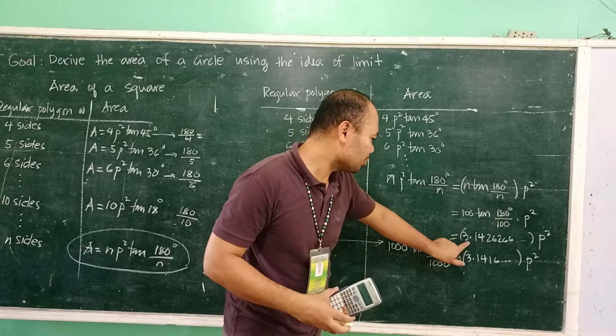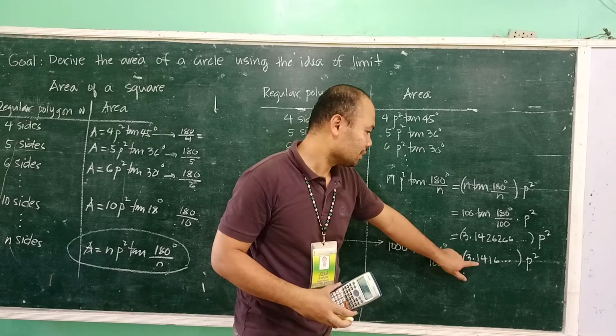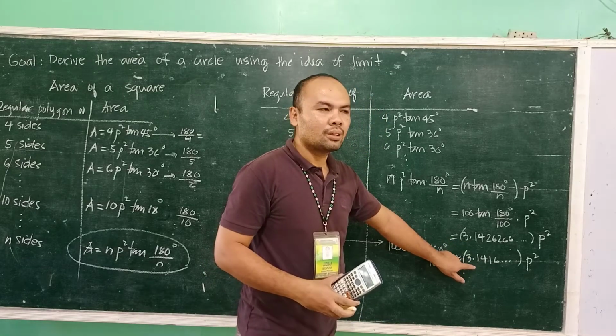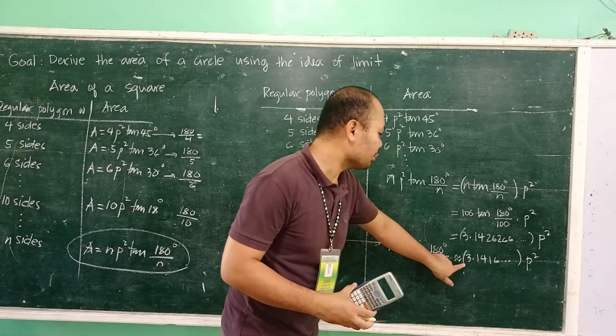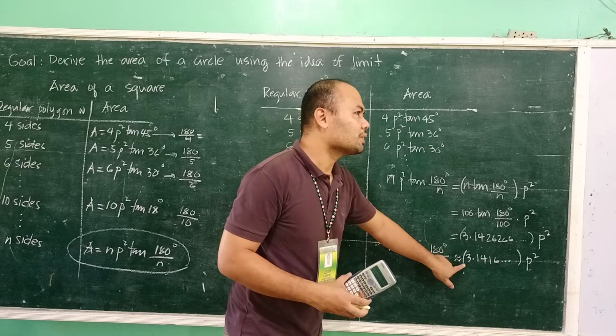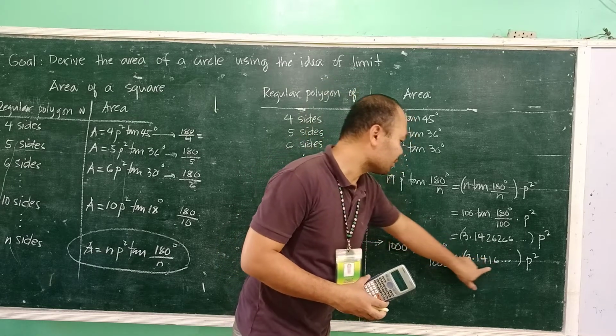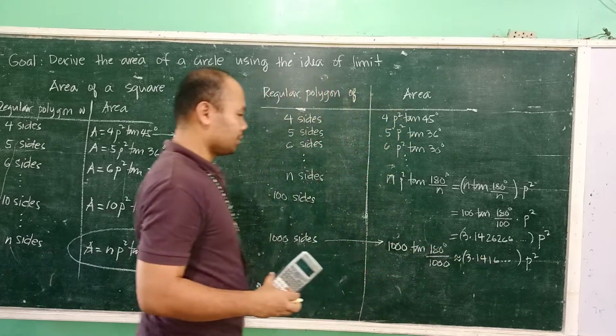So what have you observed with the values? It's approaching 3.1416, right? Do you have some expected values for this? Yeah, that's right.